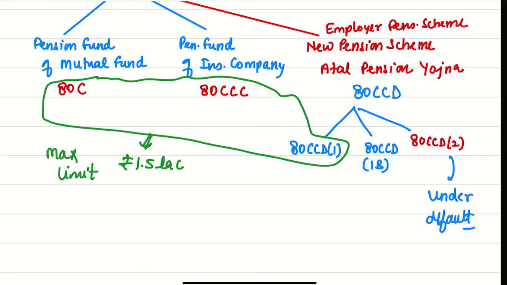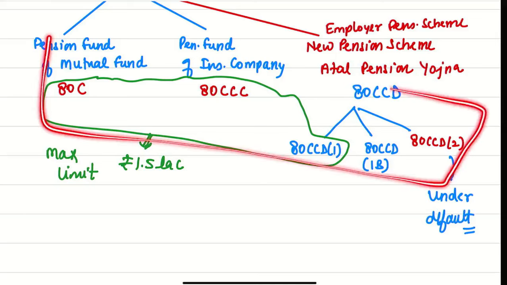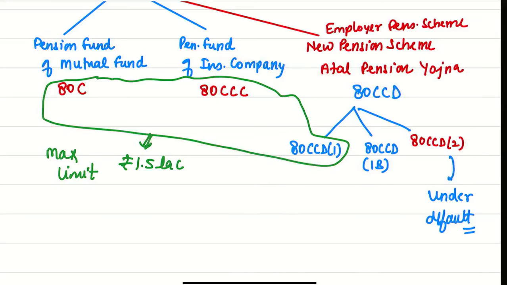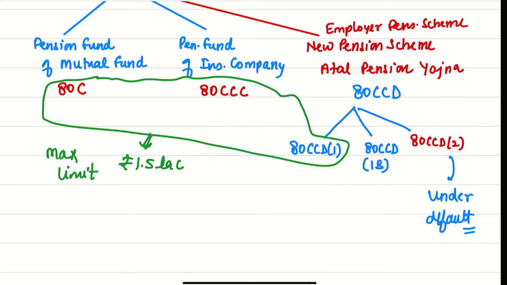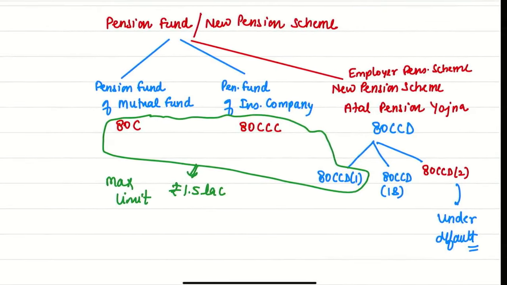Optional has no problem, everything is available, but this is available under default. This is not available in default. This is not available under default. Only this. First of all, tell me, have you made this?